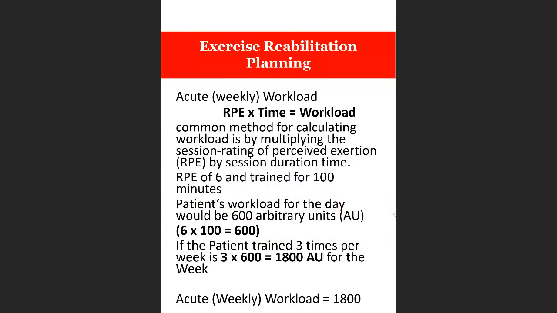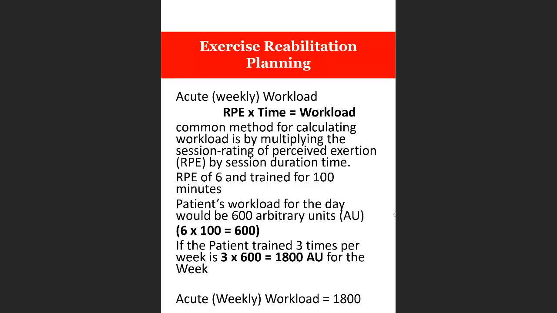Okay, and then we've got our acute workload, which is our weekly workload, and we do that with our rate of perceived exertion and the amount of time we've been doing that workload. Normally we're after 150 minutes weekly of moderate activity, so that rate of perceived exertion might be about 3 to 6, for example.